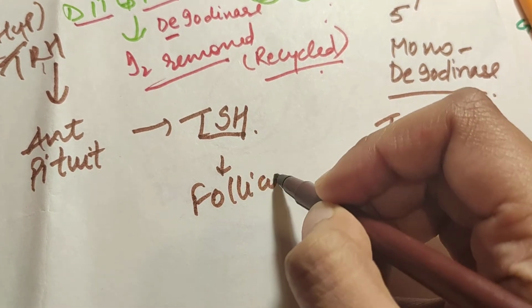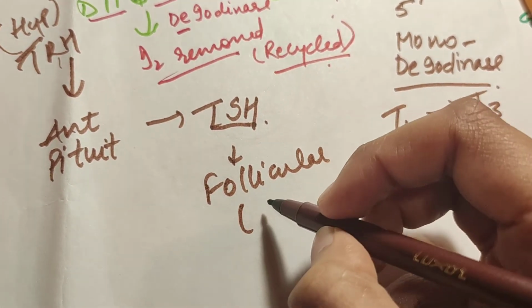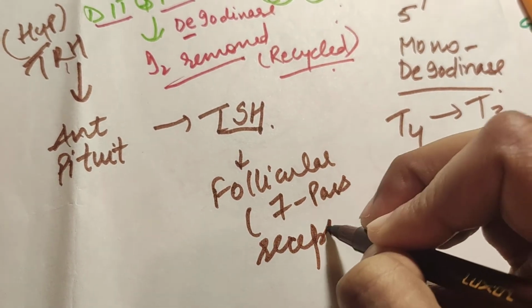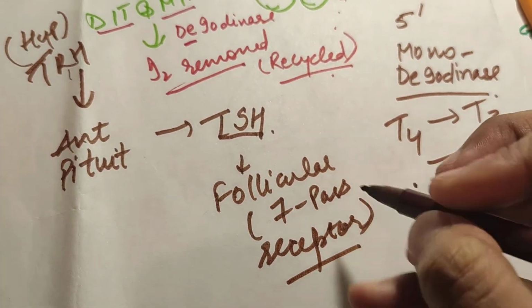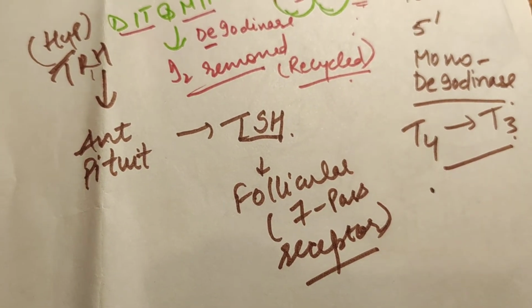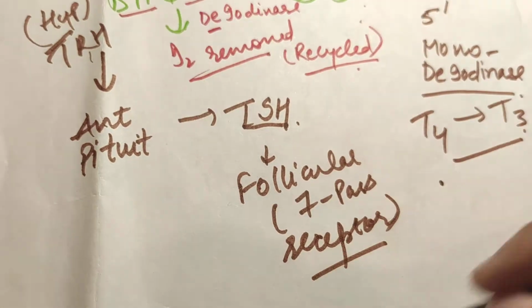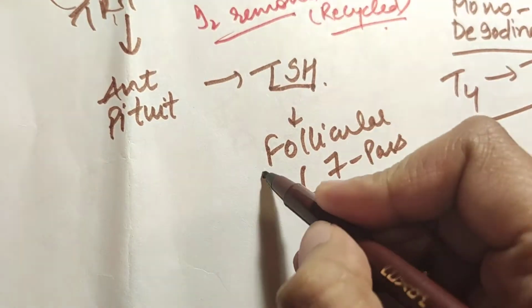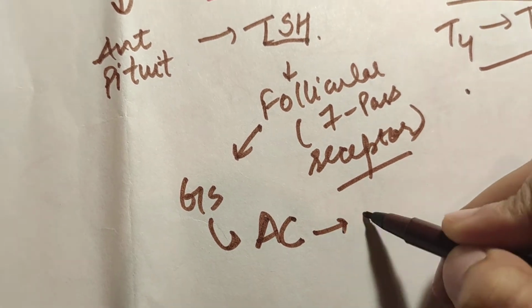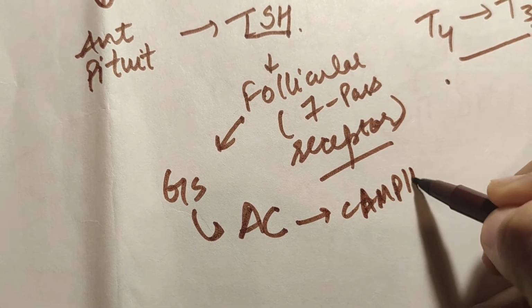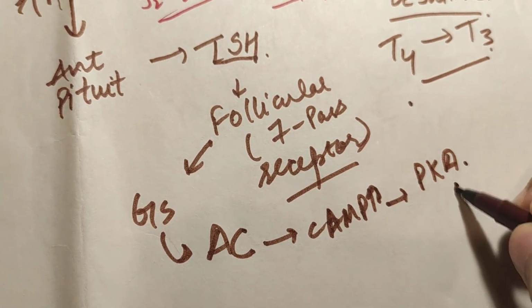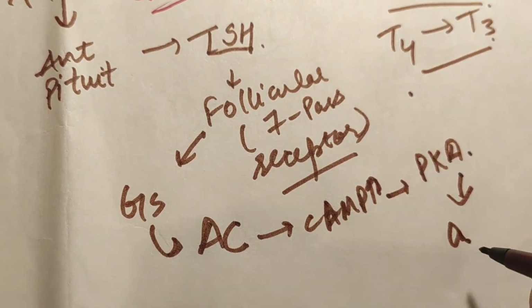On the follicular cell there are serpentine, 7 pass receptors. If you have done receptors, then you must know there are 7 pass or serpentine receptors for TSH present on the membrane of the follicle. Then it will activate G stimulatory, then adenyl cyclase, cyclic AMP level increases, and then protein kinase A will be activated, this whole chain, and then the action, that is phosphorylation.